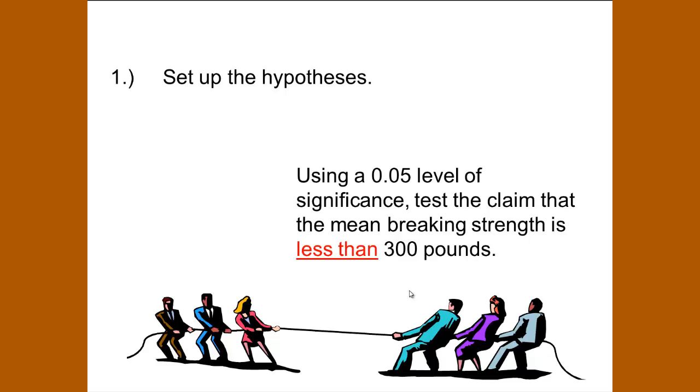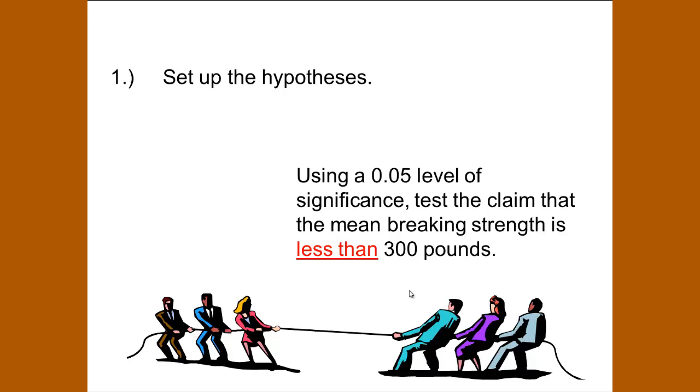We will use the significance level in step 2, so let's concentrate on the next statement. First, we know it's hypothesis testing when it tells us to test the claim that the mean breaking strength is less than 300 pounds.